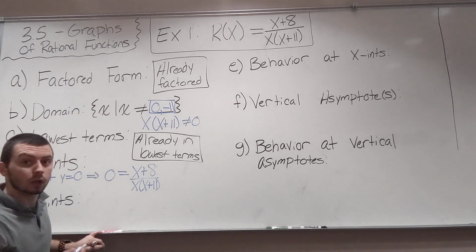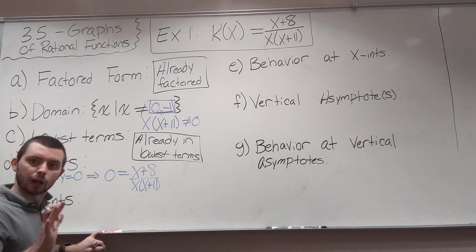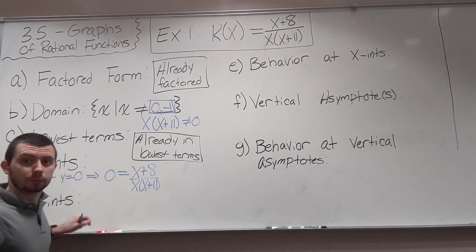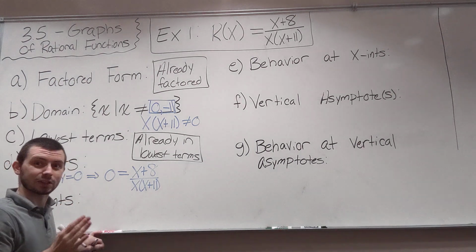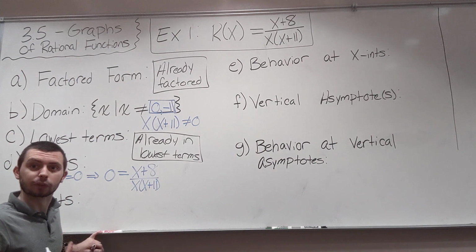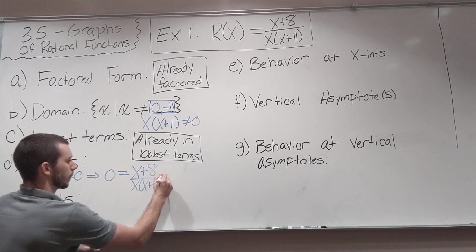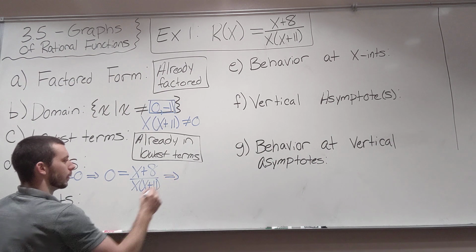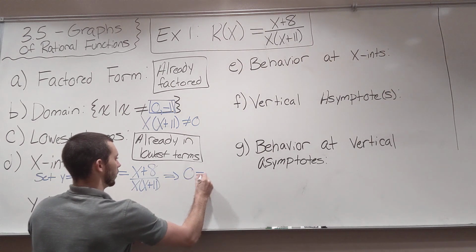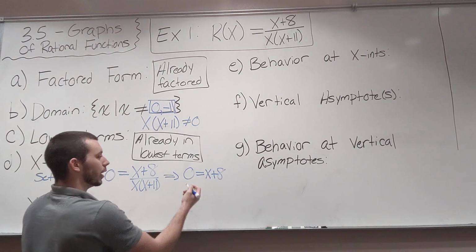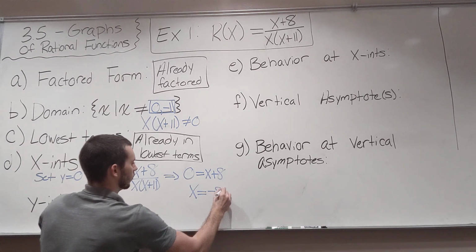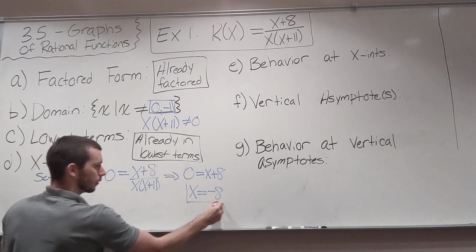That will happen for every rational function. So throughout this whole section, the x-intercept is just when the numerator is set equal to 0, and you solve for x. From here, as I just said, the numerator is set equal to 0, and we conclude that x is negative 8.